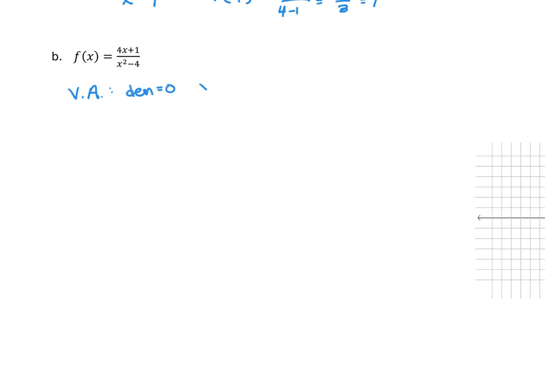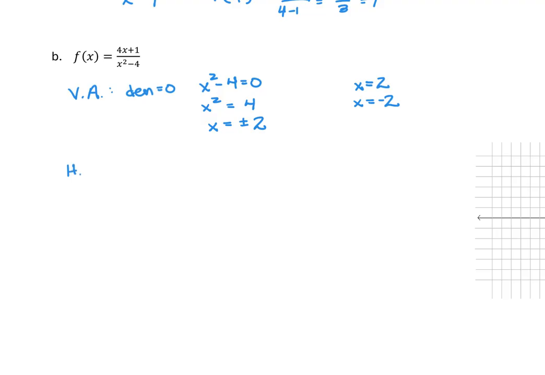And so if we do x squared minus 4 equals 0, we can either factor or we can do the square root property, and we get x equals plus or minus 2. Again, remember, because these are asymptotes, we need to separate them. So we want x equals 2 and x equals -2.